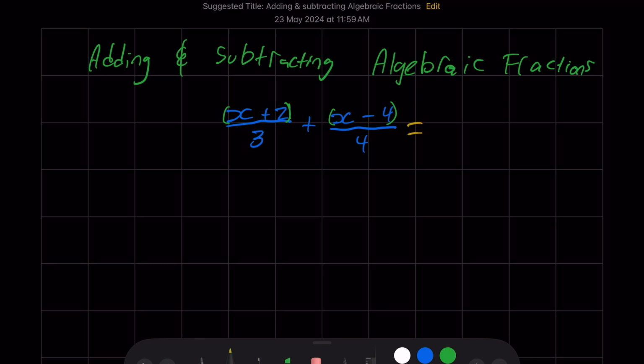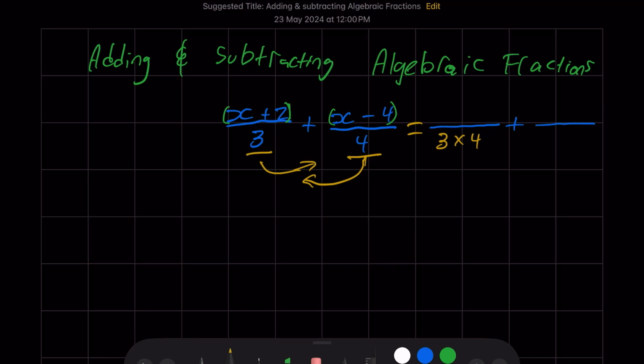I'm going to do equals. My first step, once again, is to take this denominator, move it over there with a multiplication, and take this denominator and move it over there. We are multiplying each side. I'll just draw out my fraction. We have a plus and we have another fraction. This fraction on our left is going to be 3 times 4 because we moved our 4 over to the left.